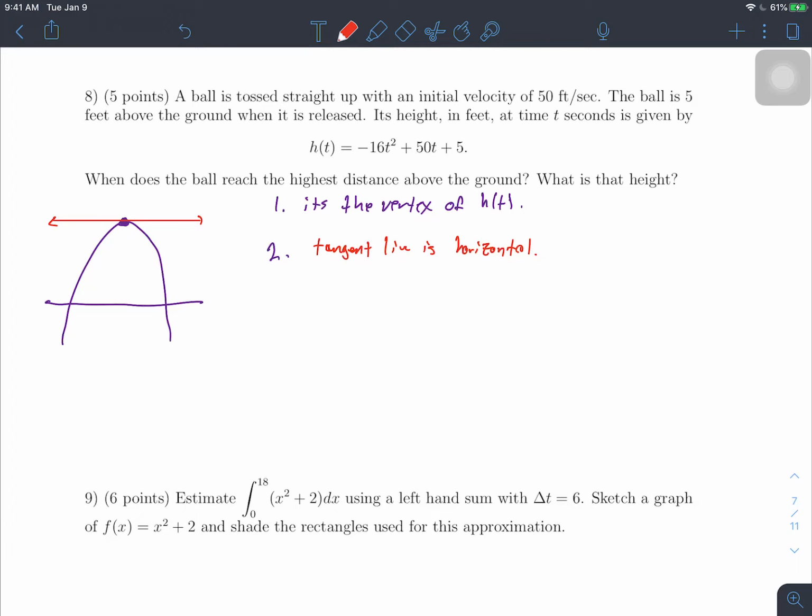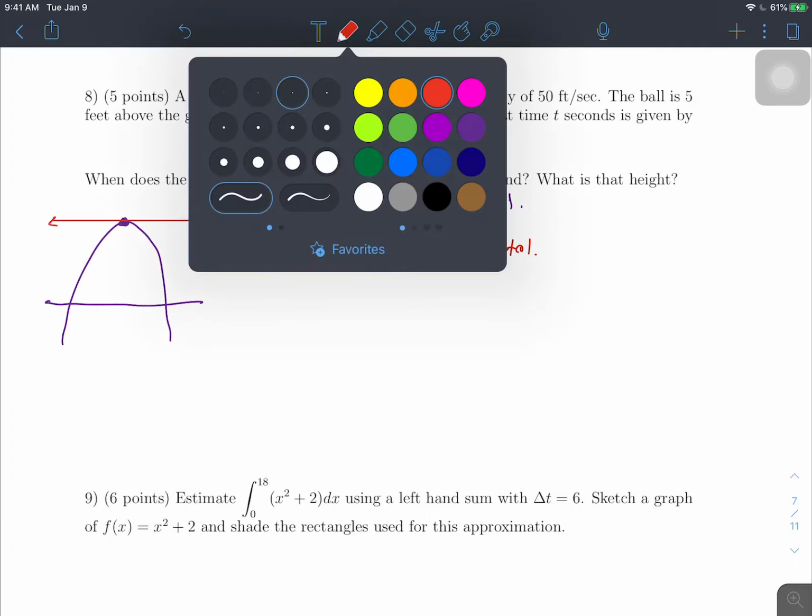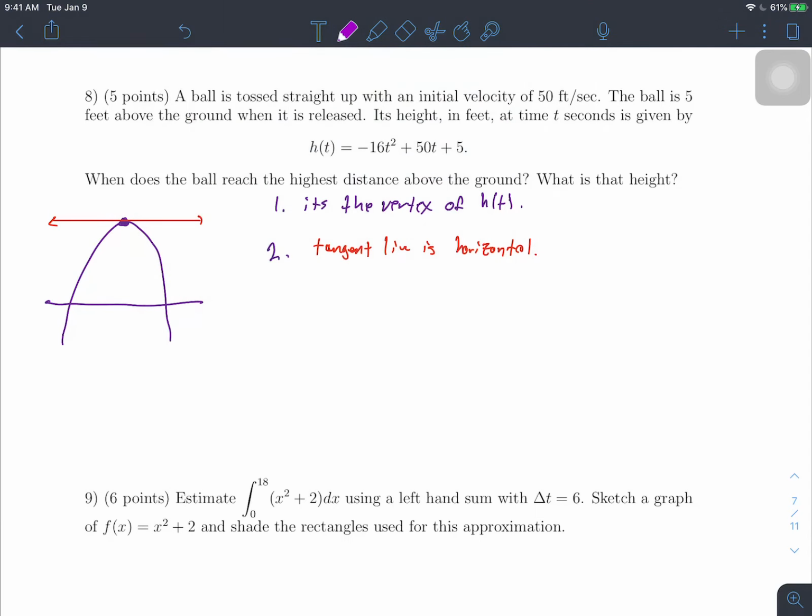I'm going to use the second method, where I find the point where the tangent line should be horizontal. I know that the slope of the tangent line is h prime of t, and computing the derivative, we take the 2 down and get negative 32t plus 50. I know that that should be 0.